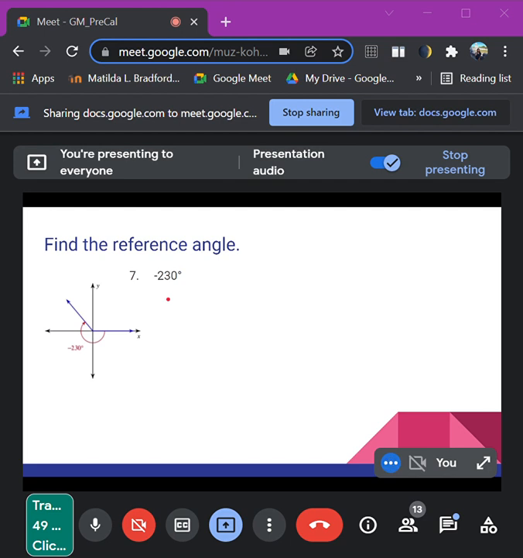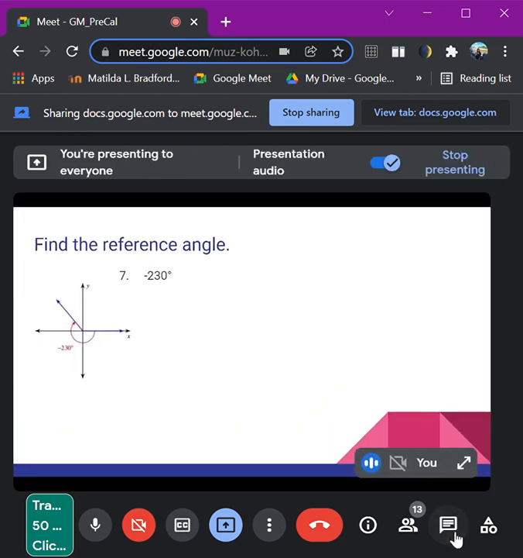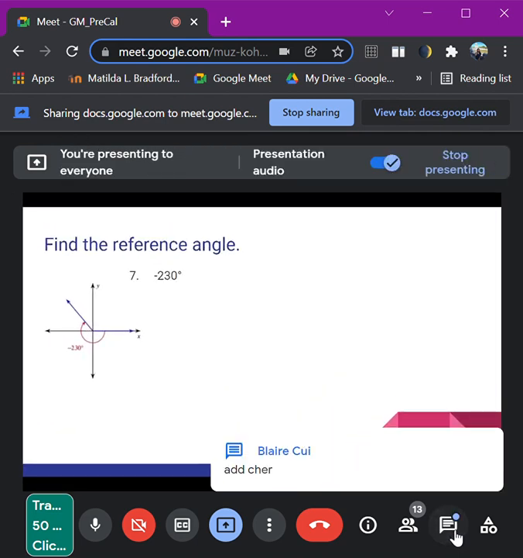So, saan ni natong negative 230 class? Addan ba ni natong negative 230 or mag-subtract?